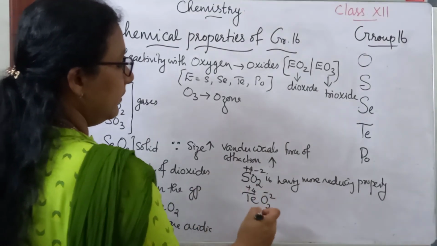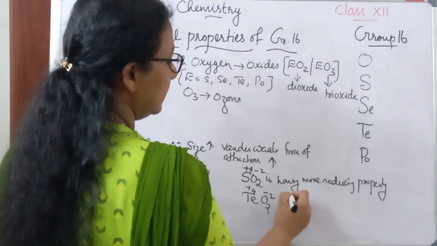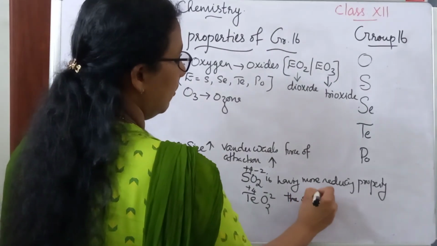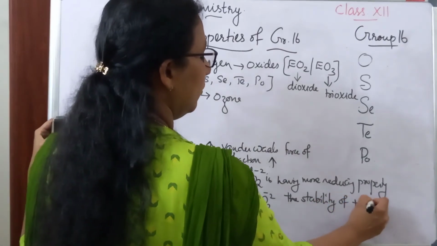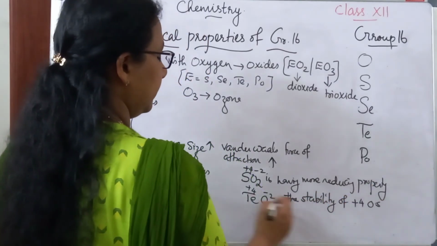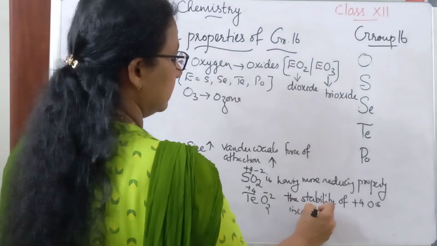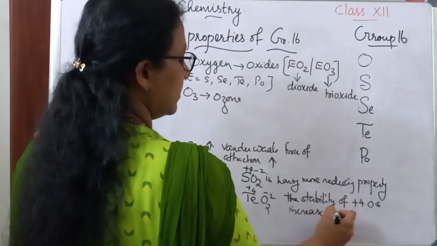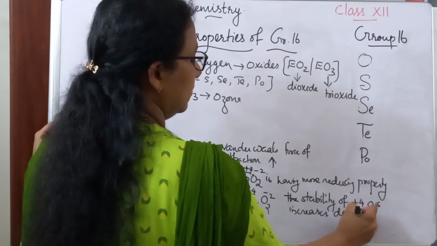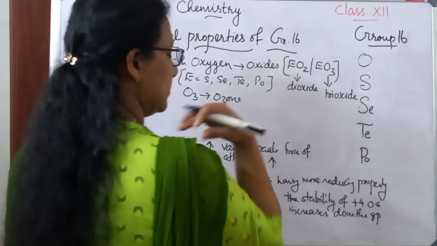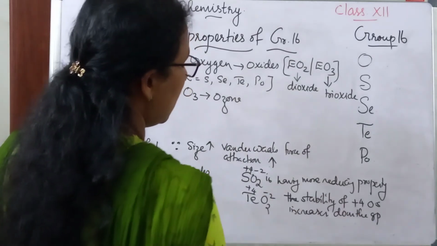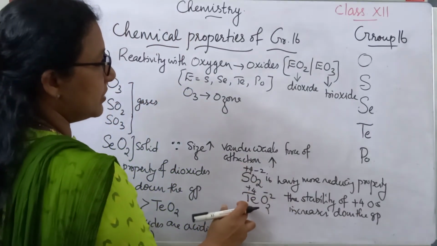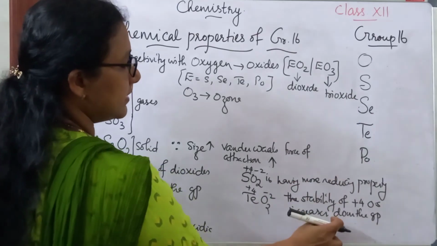But when we are coming down the group, the stability of the +4 oxidation state increases down the group.